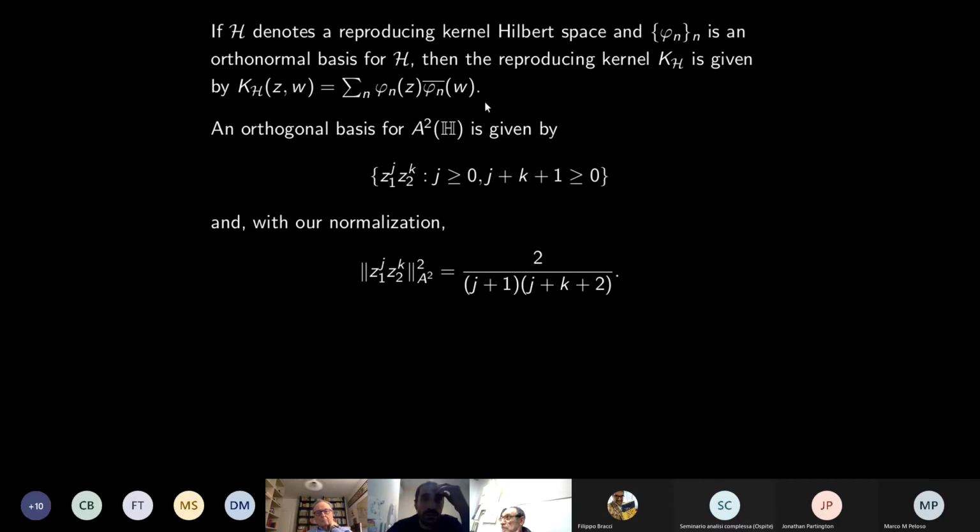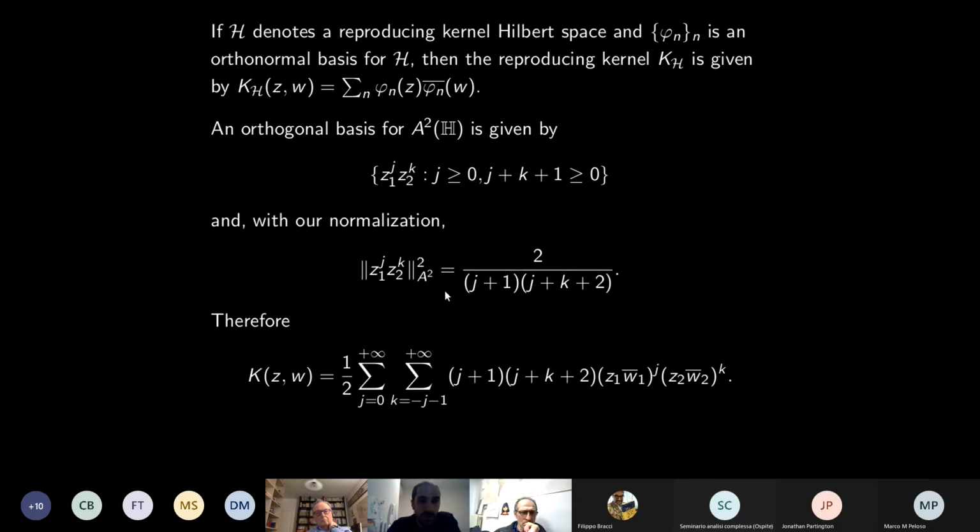So for the Hartogs triangle, for the Bergman space on H, an orthogonal basis is given by the monomials Z1 to the J, Z2 to the K, with this restriction on the indices: J greater or equal to 0 and J plus K plus 1 greater or equal to 0. Then we can normalize these monomials, and we end up with the sum here for the kernel.